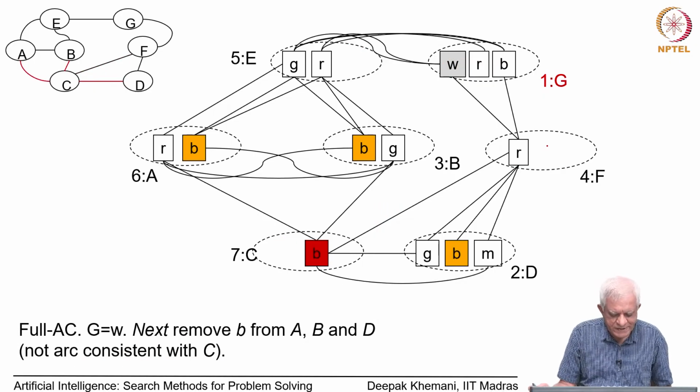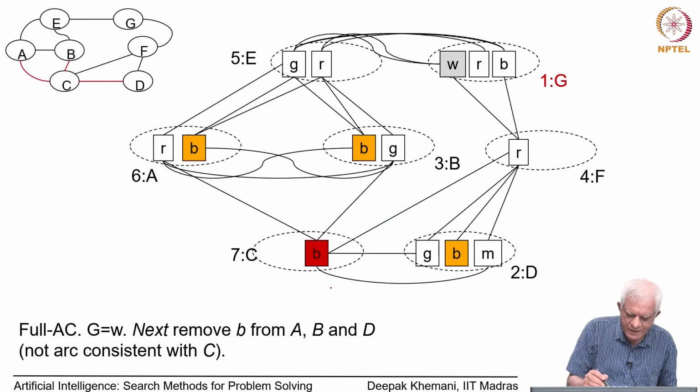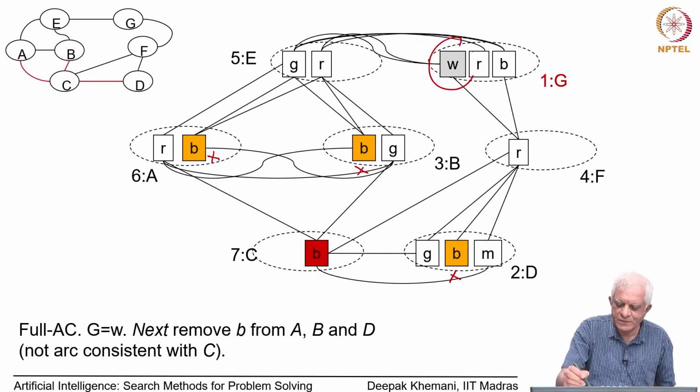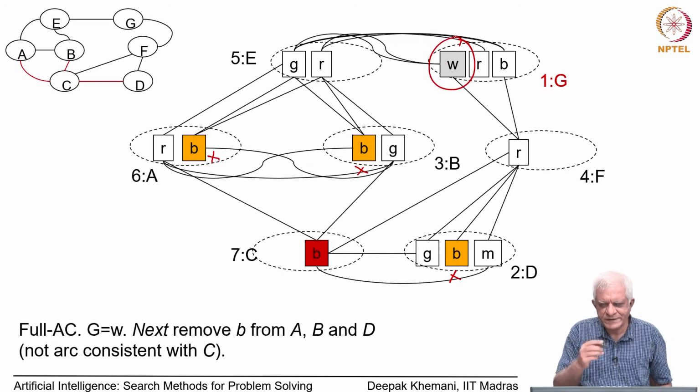Then we see that because these values do not have a corresponding value for C, we remove these 3 values from the domain of C. Remember that we are still doing AC, we have only assigned or picked up one value, which is W for the first variable, and all this reasoning is happening inside select value, which would be called AC function.